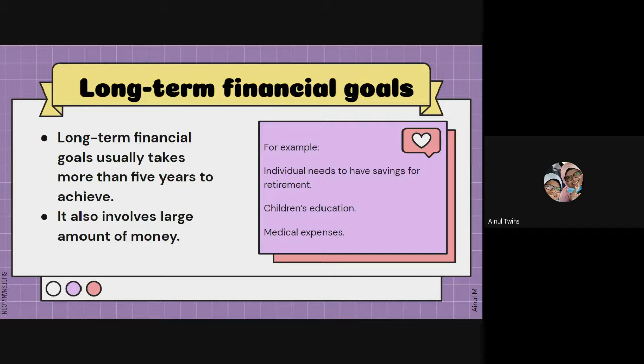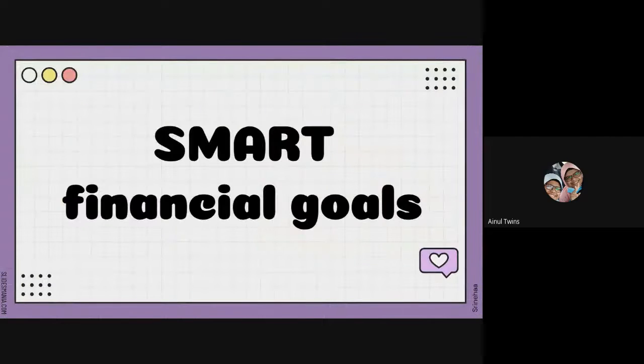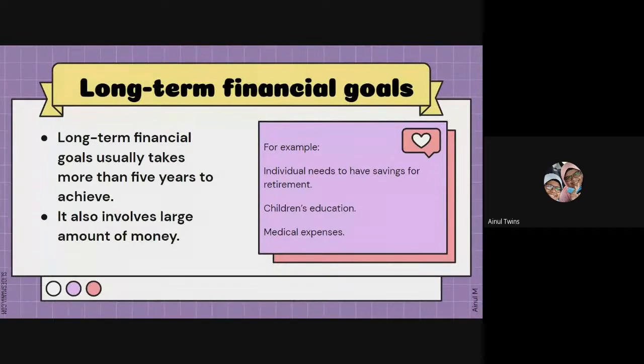For example, an individual needs to have savings for retirement, children's education and medical expenses. The duration needed to achieve a financial goal depends on the percentage from the person's income. However, this depends on the financial planning of the person.